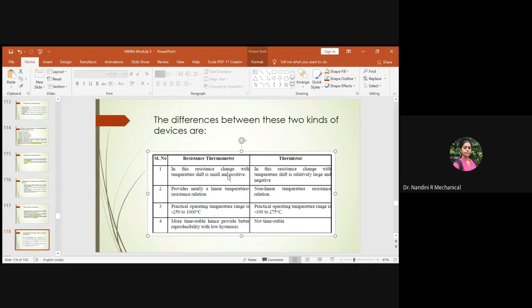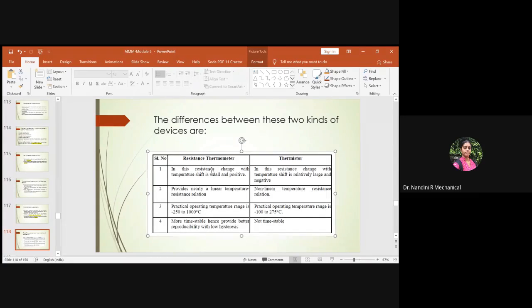This is the difference between the resistance thermometer and the thermistor. Let us focus on the next point. The resistance thermometer provides a nearly linear temperature-resistance relation, so the variation in resistance for the change in temperature is linear. Whereas in the case of a thermistor, the variation you record in resistance with the increase in temperature is non-linear.